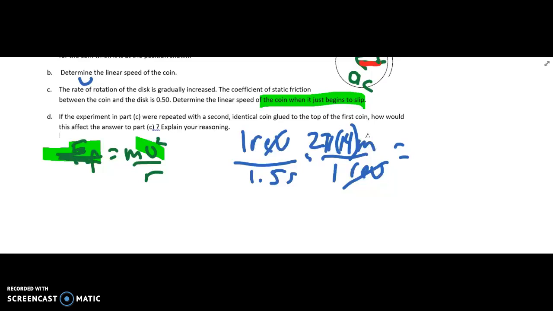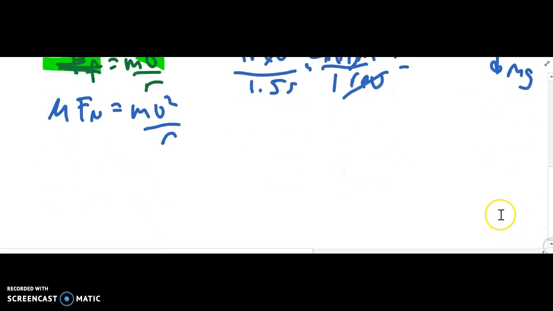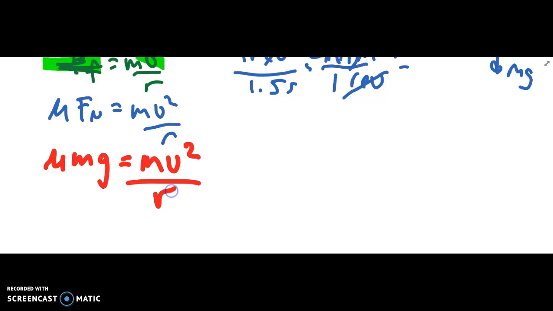Now we said here you don't know the force of friction, but that is mu Fn equals mv squared over r. If you were looking at the coin on the turntable, it has gravity going down and normal force going up. It's not accelerating up or down, so they're equal. This goes even a step farther here, and then they will get to mu mg equals mv squared over r.